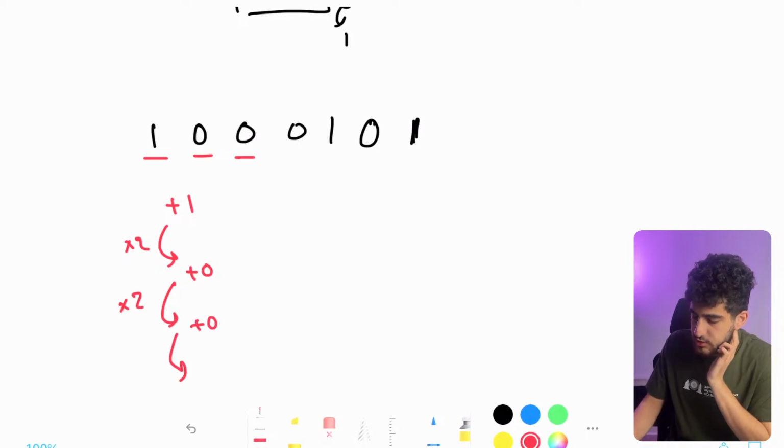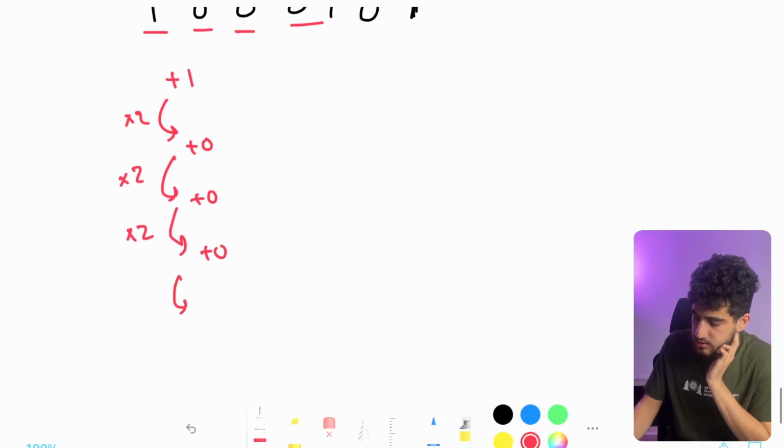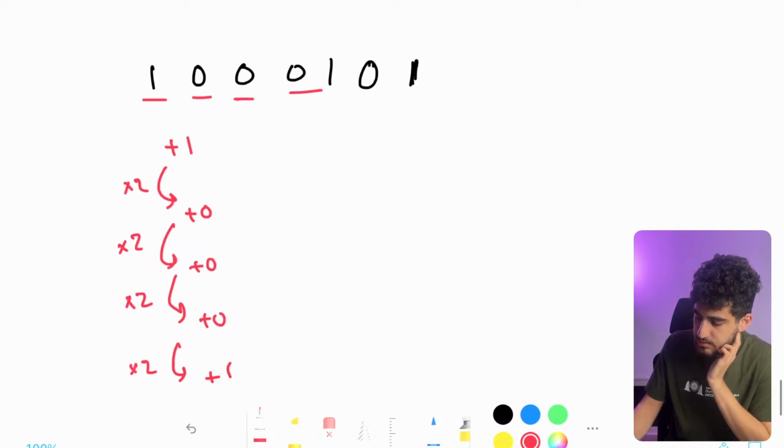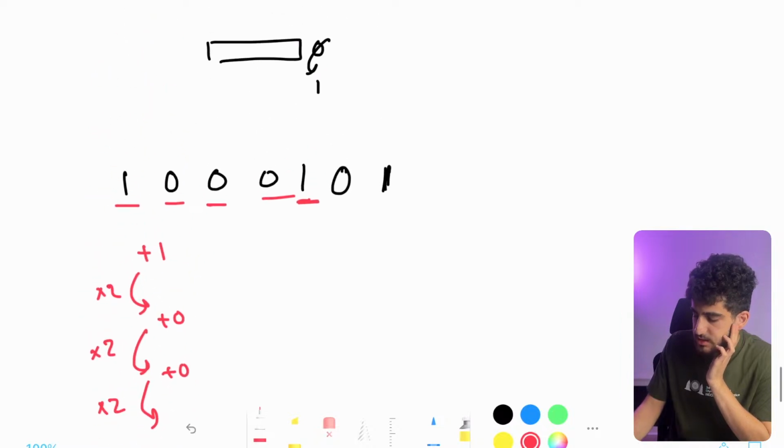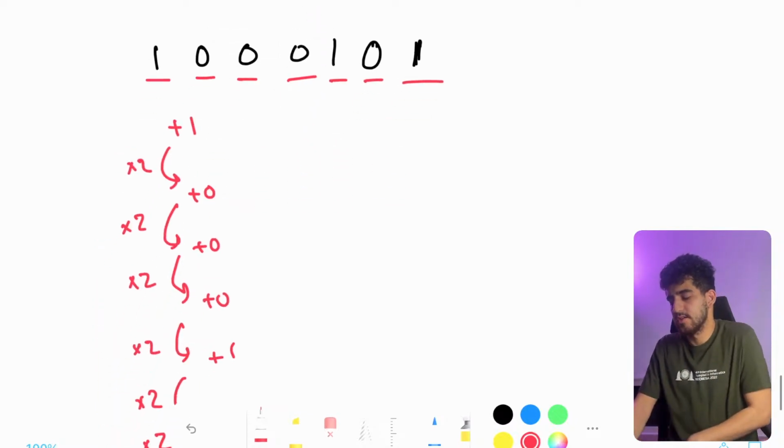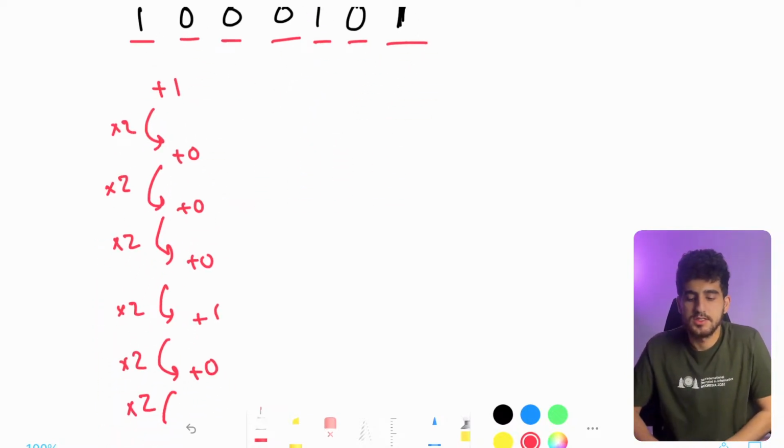Then you multiply by 2 and add 0 again. The next bit is 0. Then multiply by 2, and this time you have to add 1, because this bit is 1. Then multiply by 2 and add 0, because the next bit was 0, and then multiply by 2 and add 1, because the next bit is 1. So you will go like this, and you will calculate all these numbers, digits.